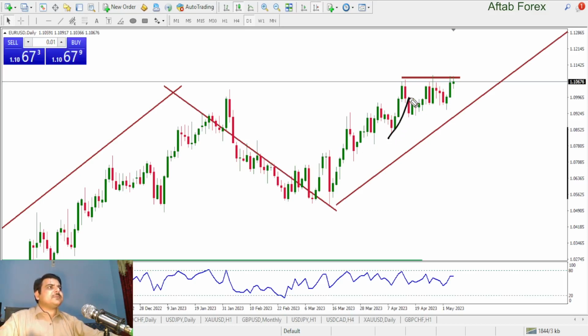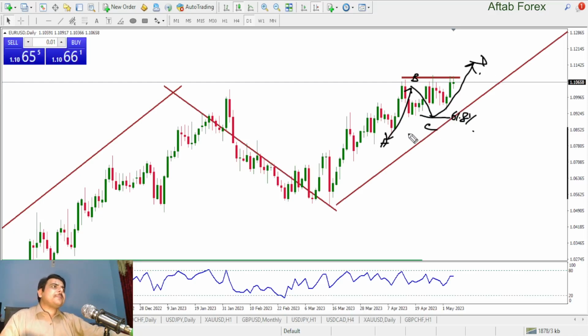If we see this particular place, this will be a pattern like this with 61.8% retracement, and obviously it is pointing to the top. So A, B, C, and that is going to be the D. Triple top, most traders will be taking sell trades.